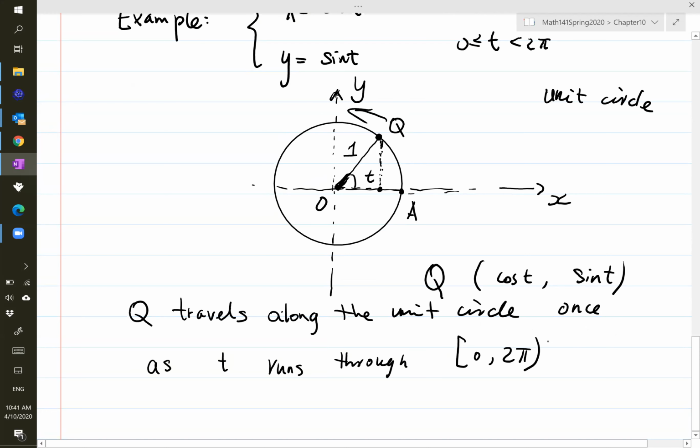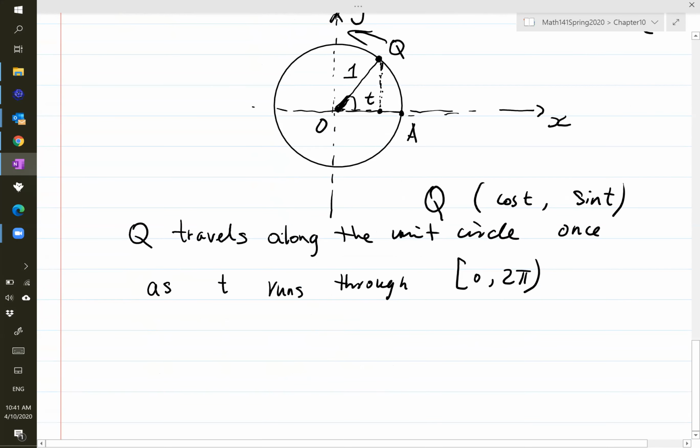So this gives the point Q tracing out the unit circle. So we get a parametric equation of the unit circle.